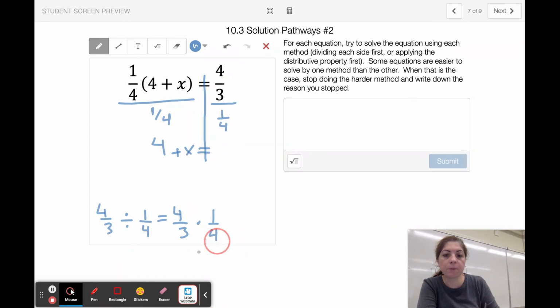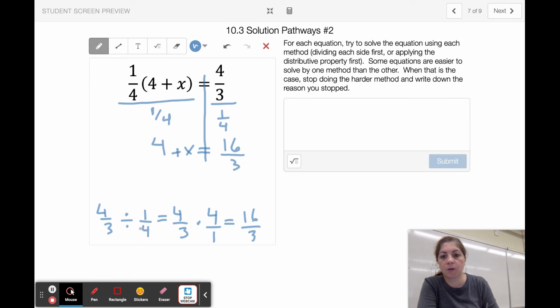So you flip the second fraction and it is no longer division, it's turning into a multiplication. Oh, I didn't flip it. So I'm going to go ahead and flip this one. I said flip and then I did not flip it. So it's going to be 4/1. Okay, so that's going to give you 16/3. So here we get 16/3.